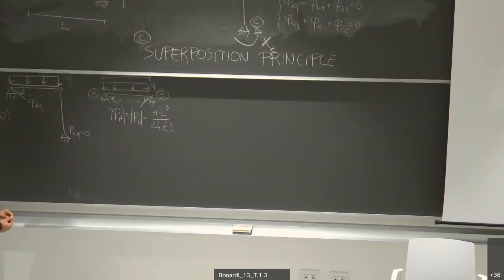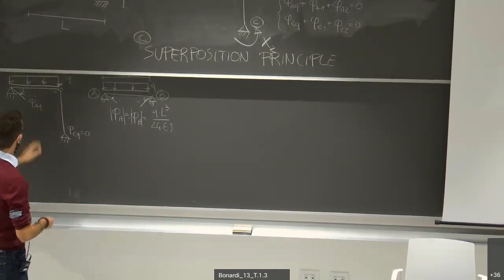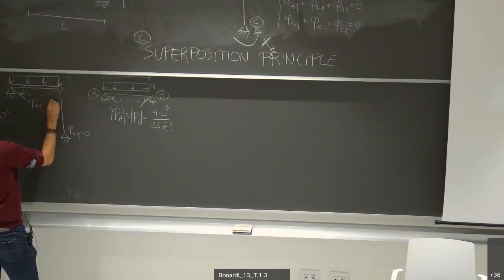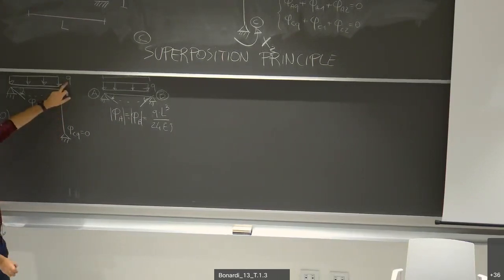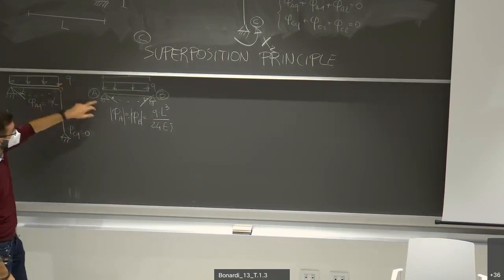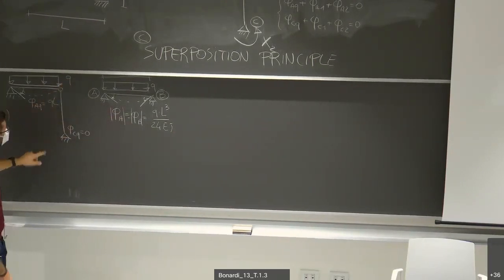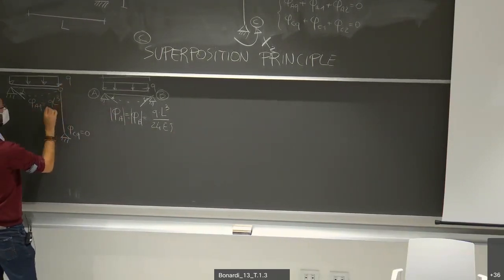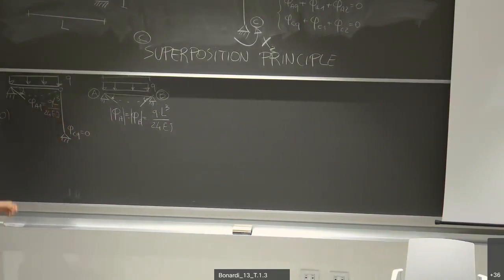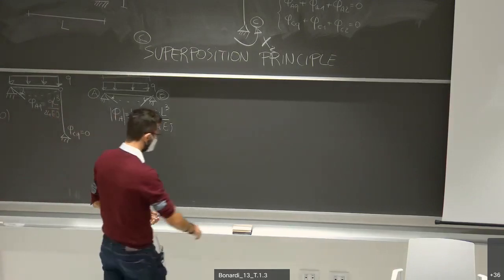That's trivial, so we know this one. In this case, Q is the load, L is the dimension, so you don't have to change anything, and before, EI. Okay, so far so good.